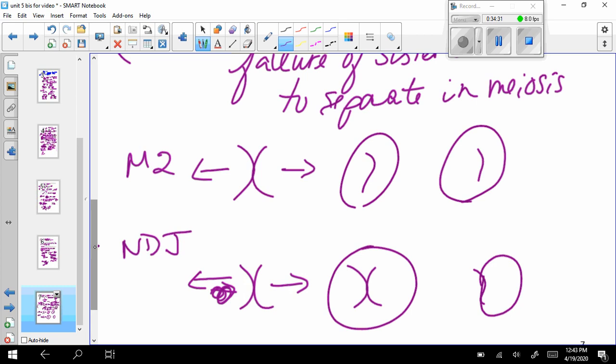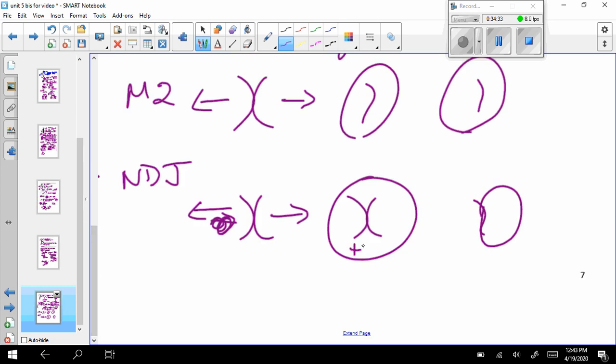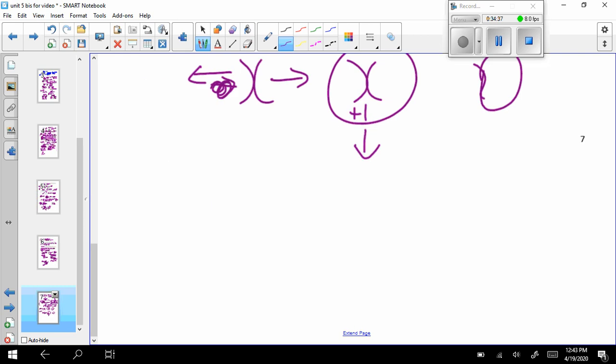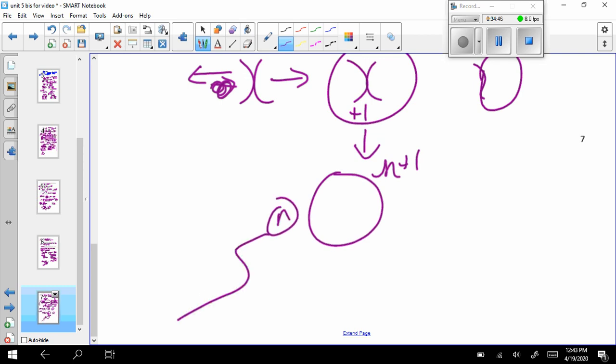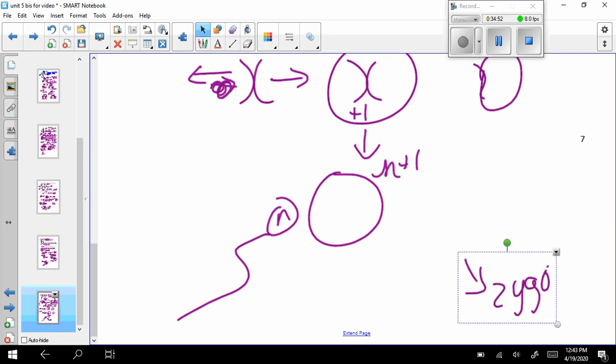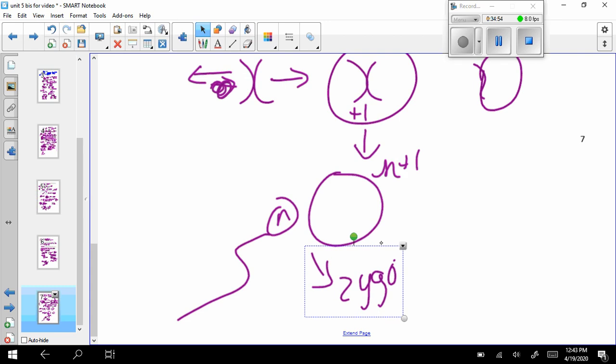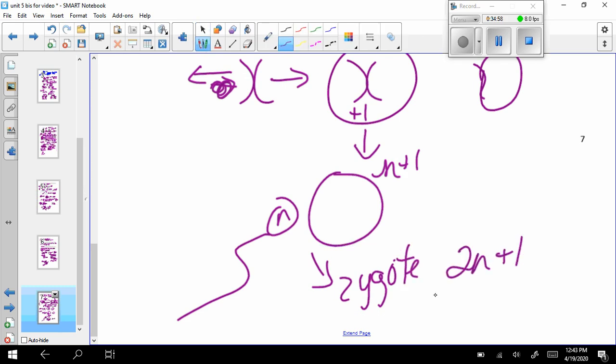And so if this cell, which has, I'm just going to put +1, when this cell ends up in the egg, so here's my egg, it's N plus 1. And here's my sperm, which is N. I end up with a zygote that is 2N plus 1.